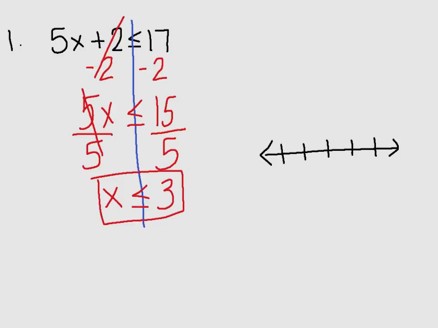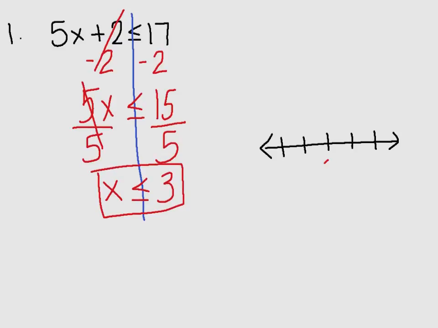Now comes the graphing. I always put the number that I get as my answer in the middle. It's less than or equal to, which means that my 3 is included, so it is going to be a closed circle.